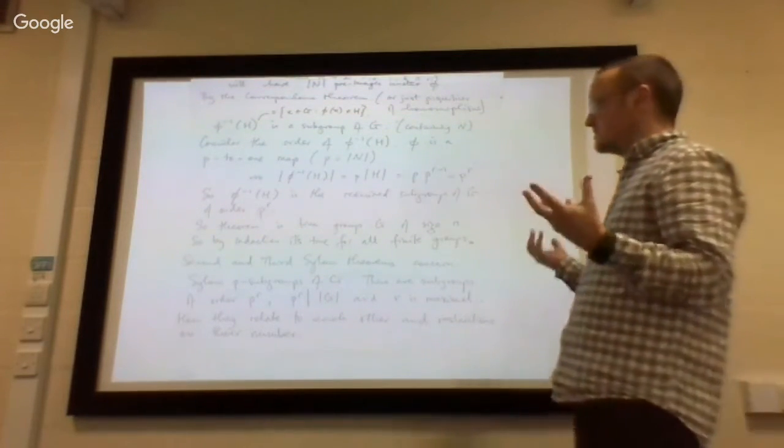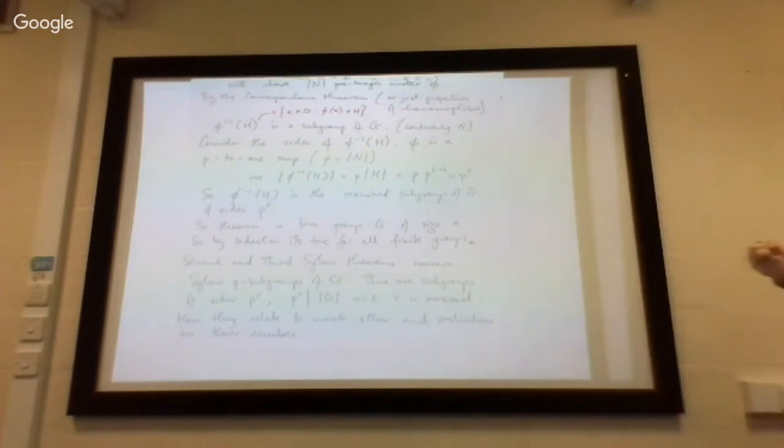So conjugation rears its head again. And we've got very interesting divisibility and congruence type restrictions on the number of them, which in many examples allows us to deduce exactly how many there are.